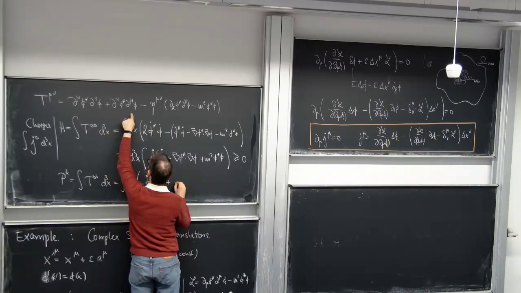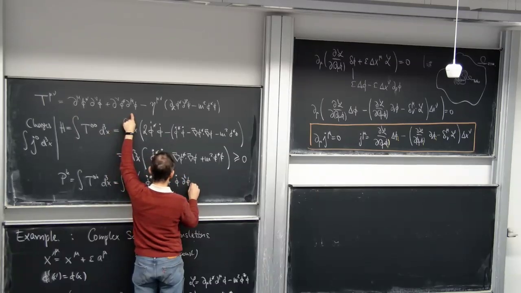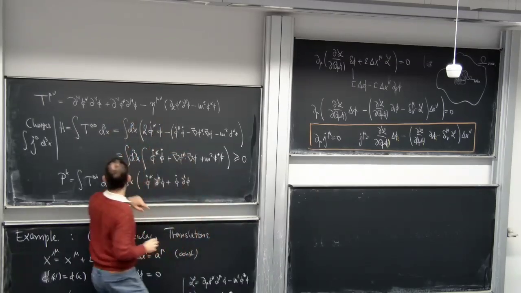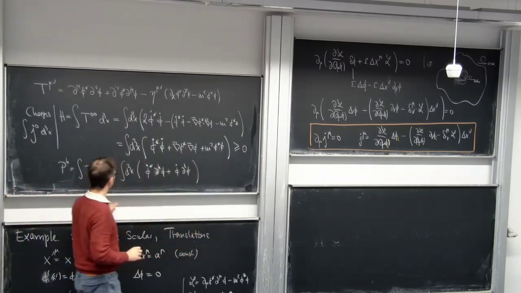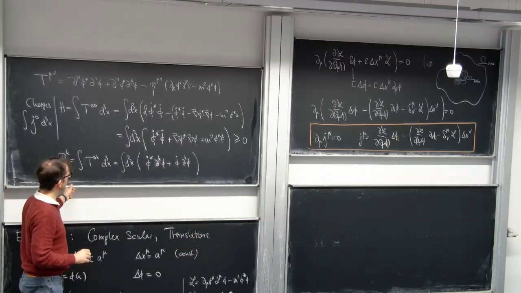Let's pull this again to the front. So it's phi dot star, without the dot for the other, and then we have a d_k phi. And there's nothing else, because mixed indices don't give us anything there. So that's our momentum vector.